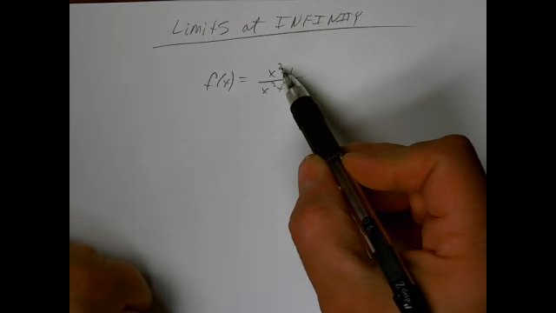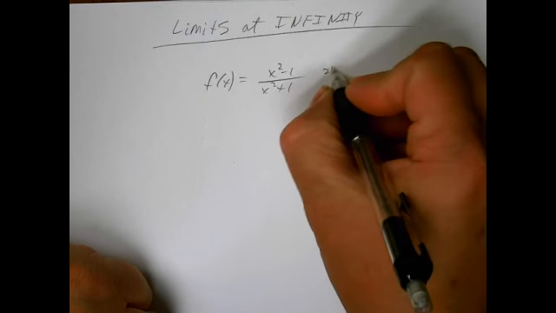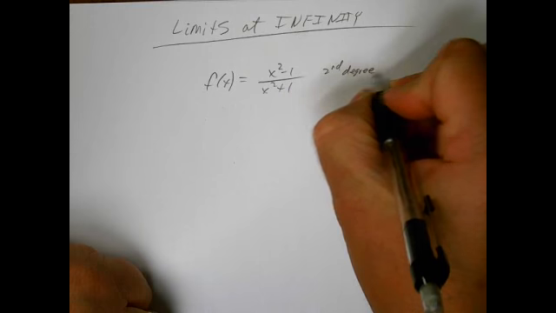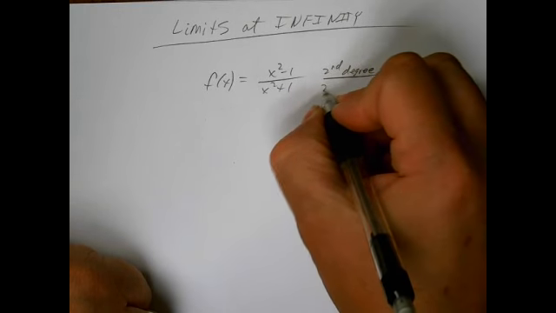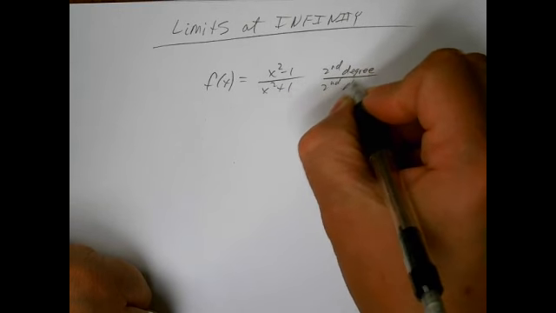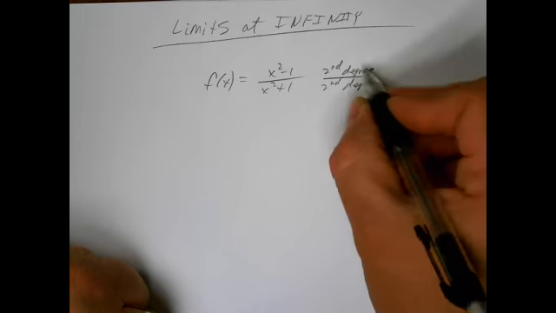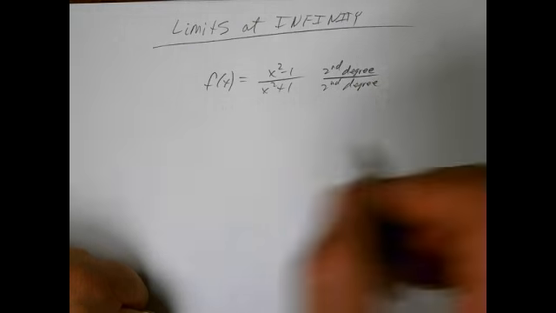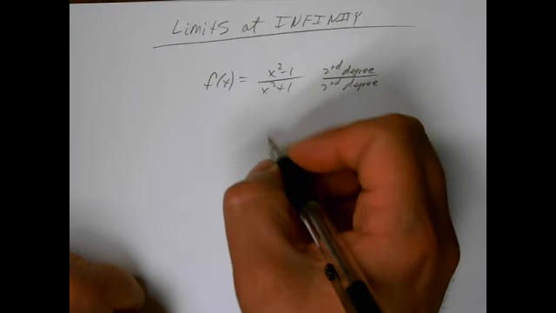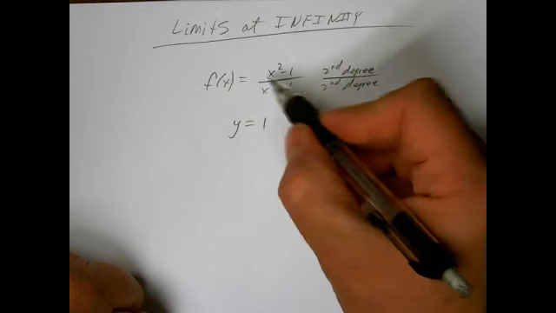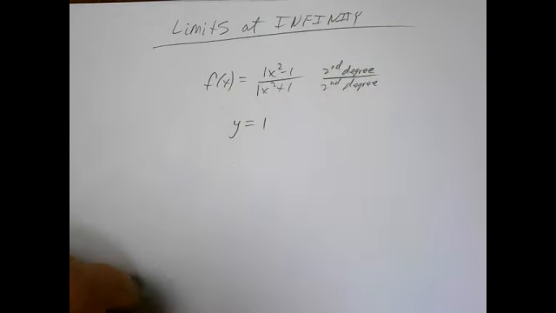the degree of the numerator, and on top you have a second degree polynomial. On the bottom you have a second degree polynomial, and since the degree of the top is equal to the degree of the bottom, your horizontal asymptote would have been y equals 1, that 1 coming from the ratio of those two coefficients, 1 over 1, giving you this 1 right here.